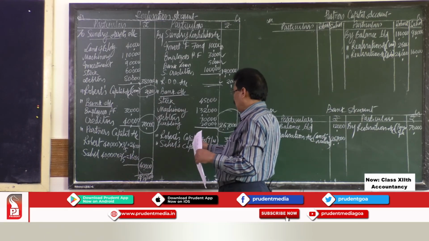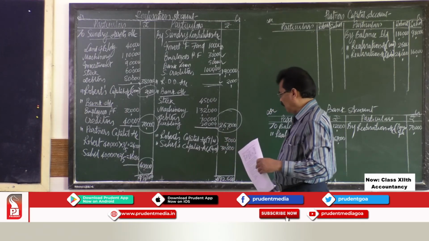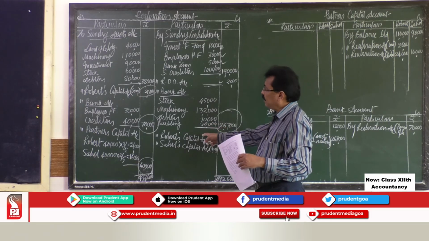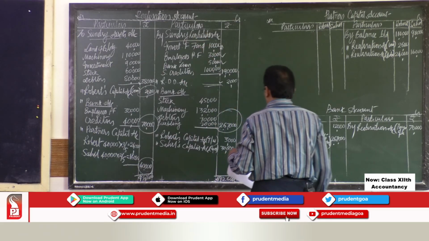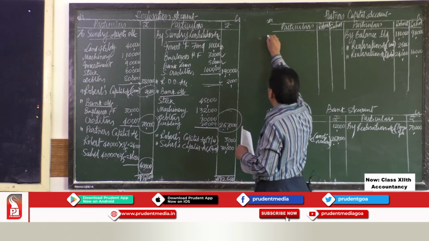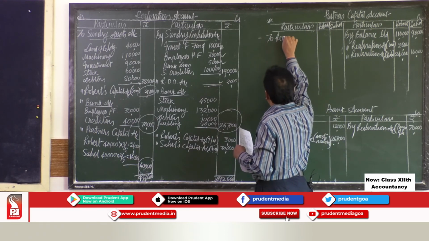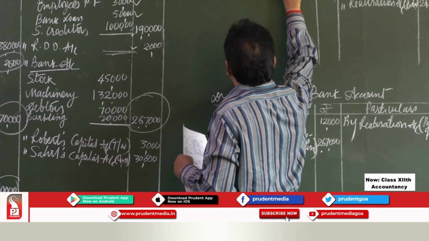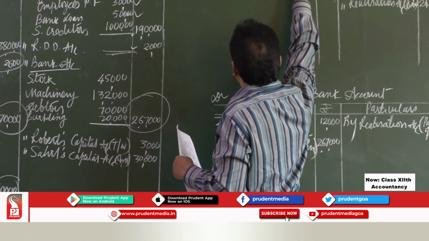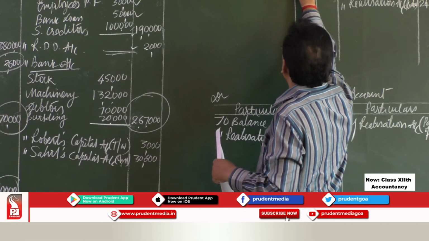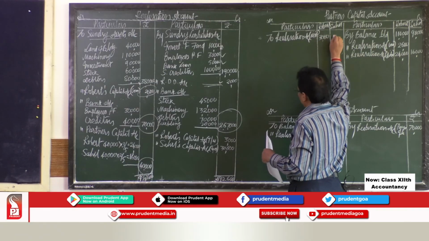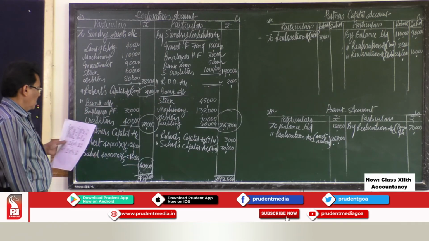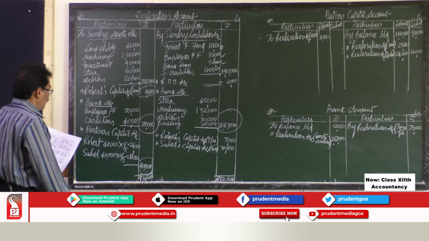Now, coming to Robert's, the next one is Robert's capital. This is for the typewriter taken over by Robert. So how do you read this entry? Robert's capital account debit to realization account. So in partner's capital account to realization account, this is for asset taken over. So when you take over an asset, to that extent the firm's liability towards the partner decreases. So that is to realization account rupees 3,000.